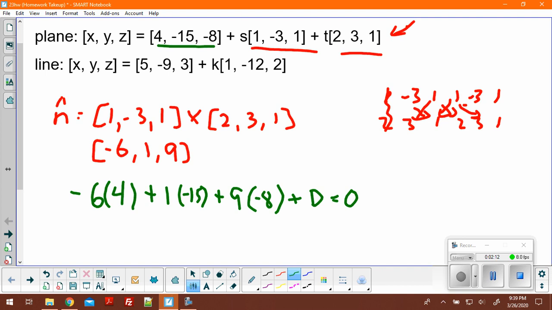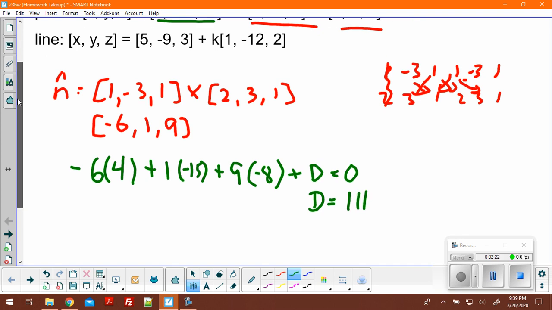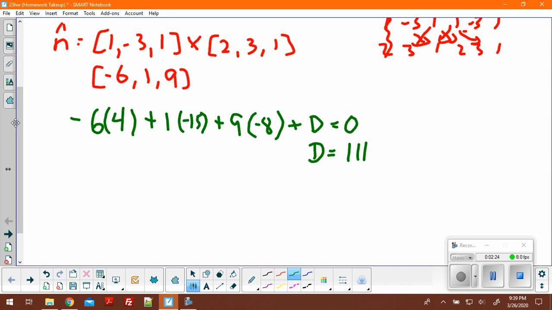I think when you bring that around, this is the second take of this video, so I think I got d was like plus 111 the last time I did this. So that means my equation is going to be -6x plus y plus 9z plus 111 is equal to 0.